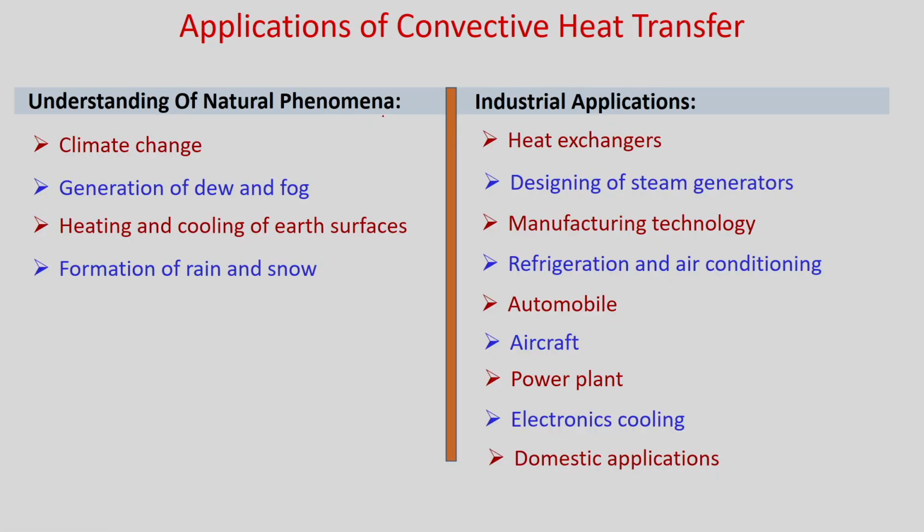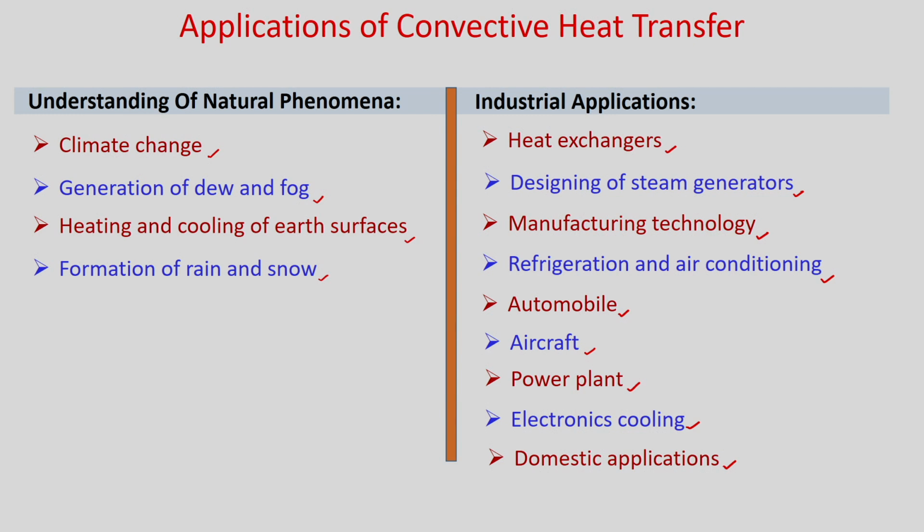In understanding natural phenomena, such as climate change, generation of dew and fog, heating and cooling of earth surfaces, formation of rain and snow, you can see examples of convective heat transfer. In industrial applications, you can see it in heat exchangers, designing of steam generators, manufacturing technology, refrigeration and air conditioning, automobile, aircraft, power plant, electronics cooling, in domestic applications and many more.